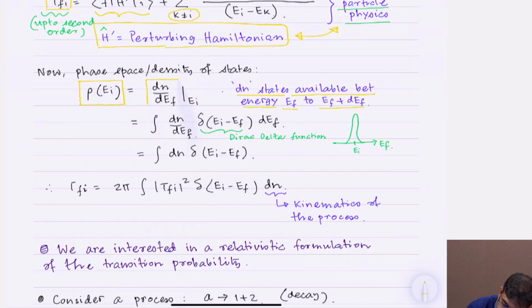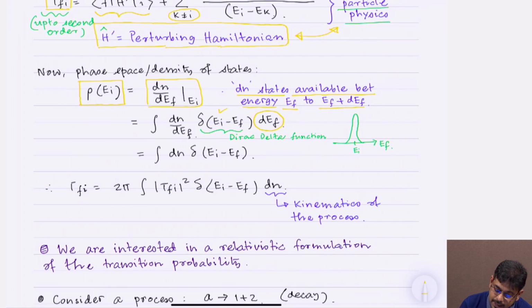So, therefore, what we can do is write this as an integral of dN/dE_f including a delta function which ensures the energy conservation, delta of (E_I − E_F) dE_f.